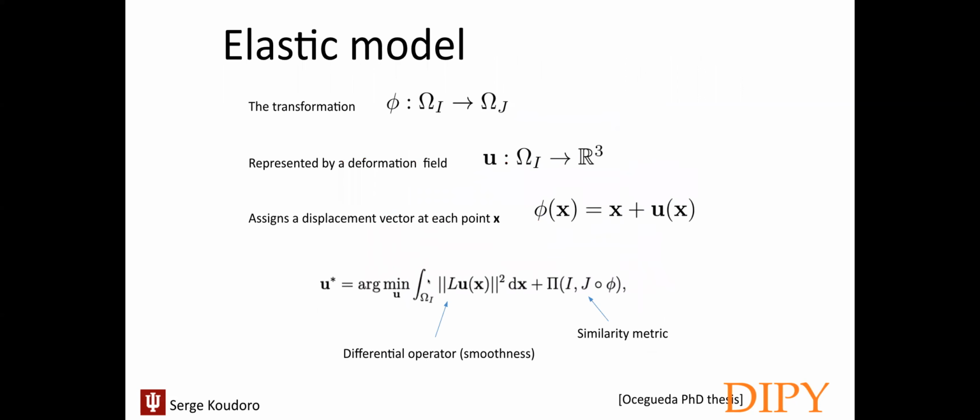The first non-rigid registration model was an elastic model. In non-linear image registration, the transformation phi is usually represented by a deformation field U that we saw previously. This deformation U assigns a displacement vector at each point X. The classical elastic model is one of the earliest formulations for non-linear image registration, as you can see in this equation.